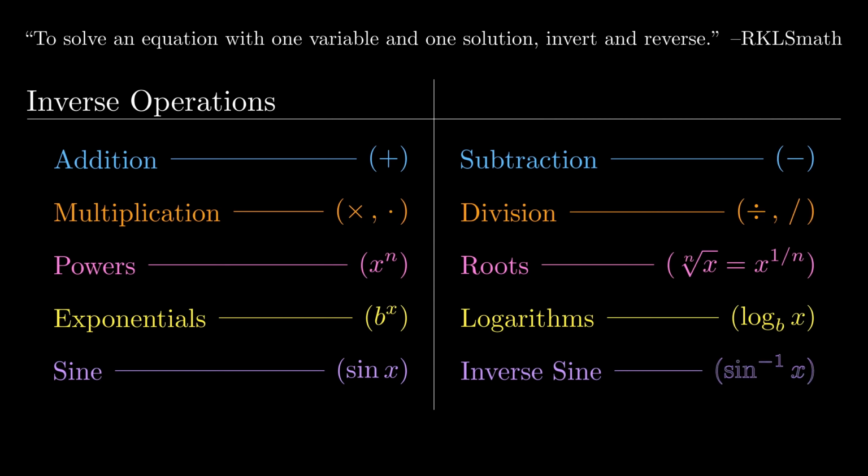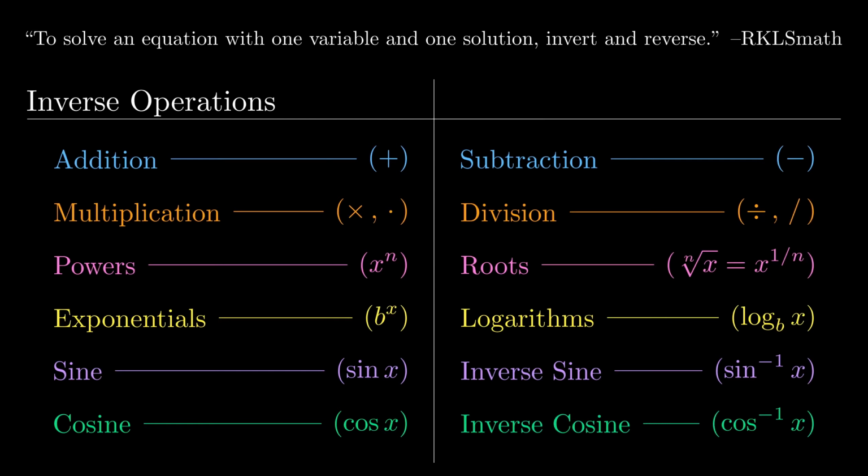And we write this with a little -1. Now that -1 looks like an exponent, but it's not. It just means inverse. And we'll do the same thing with cosine here. Good. So again, just for algebra, you only need the top 8. Of the 15 examples that we do in this video, only the last one has trigonometry.